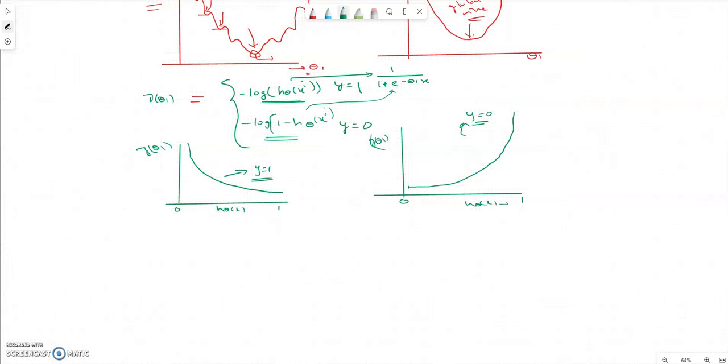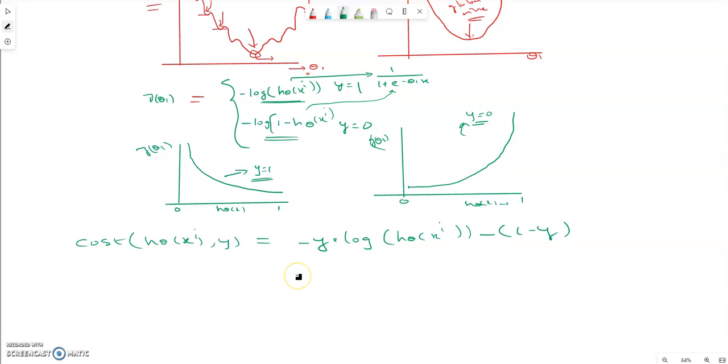We can just write the cost function of h theta of x comma y is equal to minus y into log of h theta of xi minus 1 minus y into log of 1 minus h theta of x.